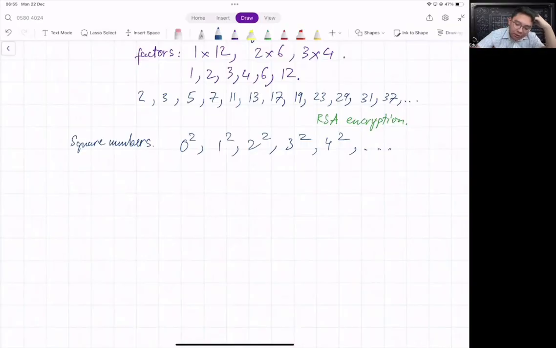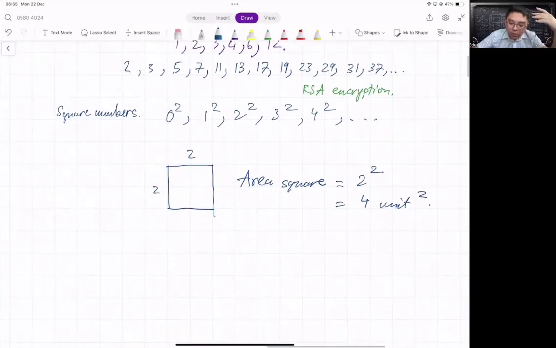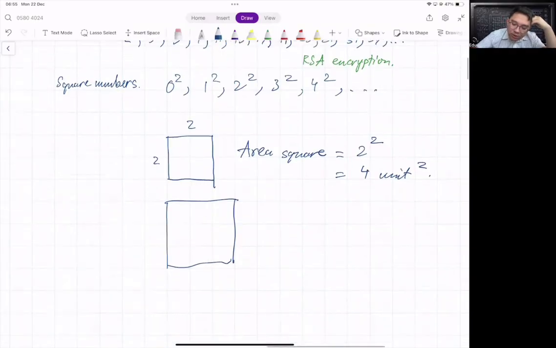For the geometrical interpretation, let's say 2 squared. 2 squared is exactly one side being 2, and a square has the same side all around. So the area of this square is going to be 2 to the power of 2, which is 4 units squared. It's the same for, let's say, 3 squared, and so on and so forth.